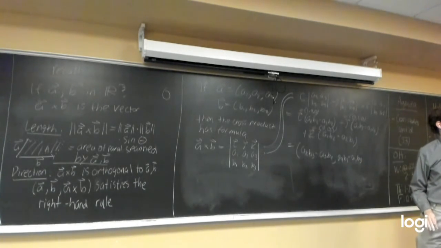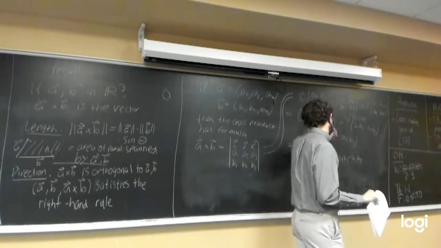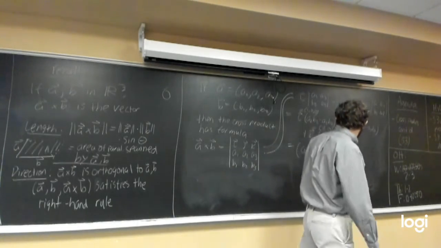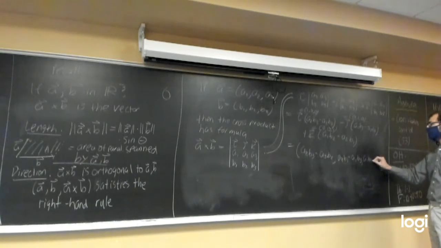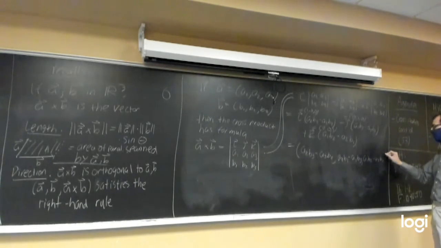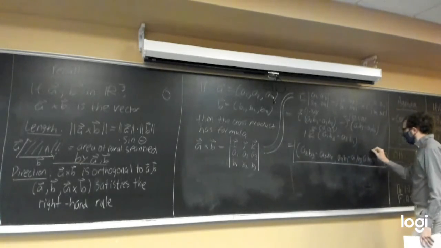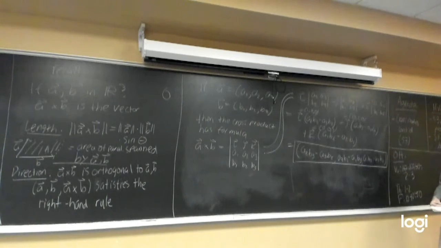My 8 o'clock class screwed that up. We forgot that there's a negative sign out in front of the j, so we have to take the negative of this expression. And then finally, the last component is just going to be A1, B2 minus A2, B1. And that is how you can compute the cross product of vector A and vector B algebraically.